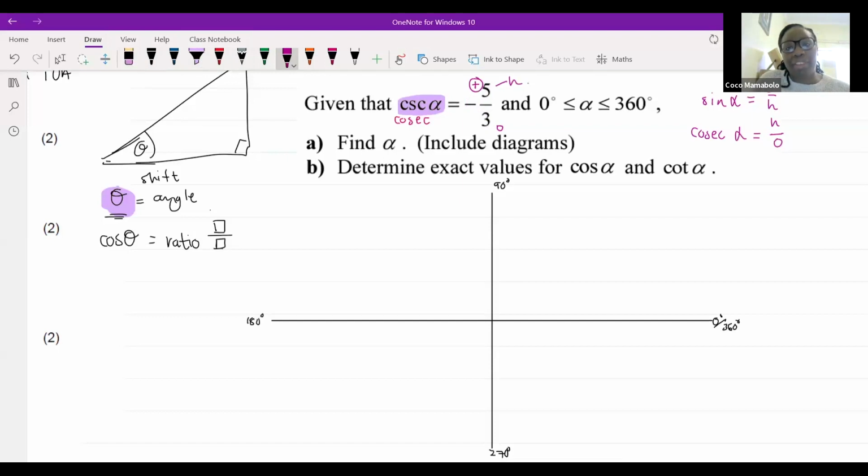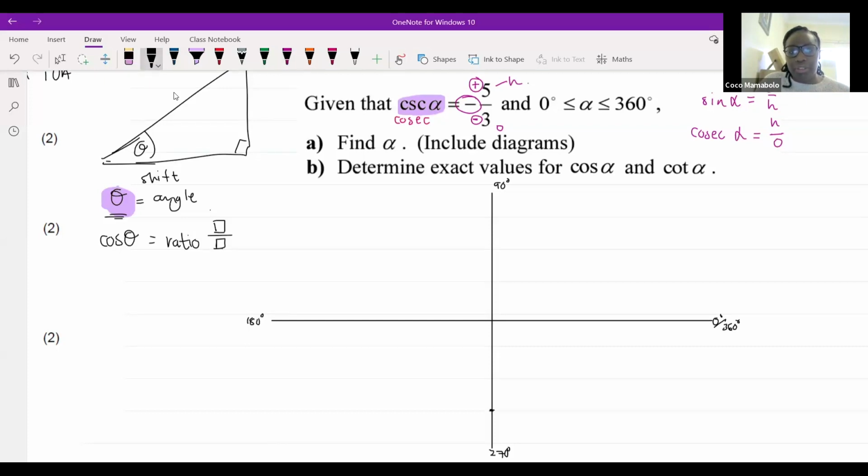So my y value has to be negative. A positive divided by a negative will give us this negative that they've given us here in the middle. I know that my hypotenuse can never be negative. My hypotenuse is a radius. It's always positive. So my negative value for -3 should be down here.